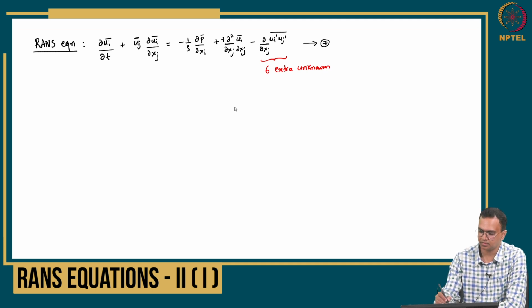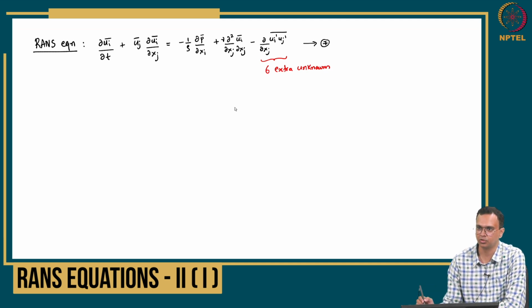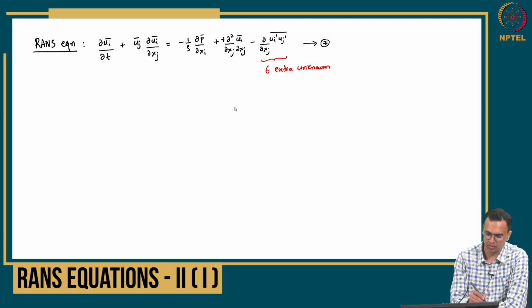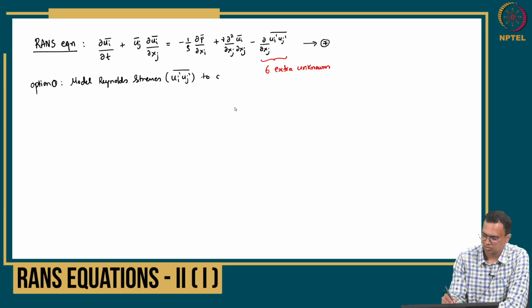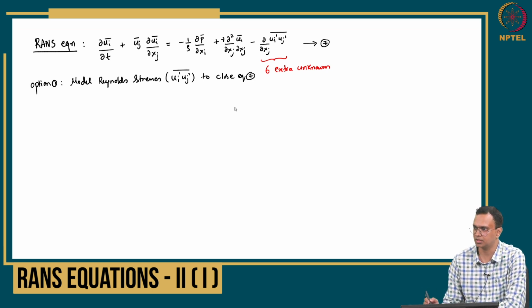So now there are two ways of going forward. One option is of course to model them. Option one is to model the Reynolds stresses, that is your ui' uj' over bar, to close equation 7 and therefore solve them once the equations are closed.